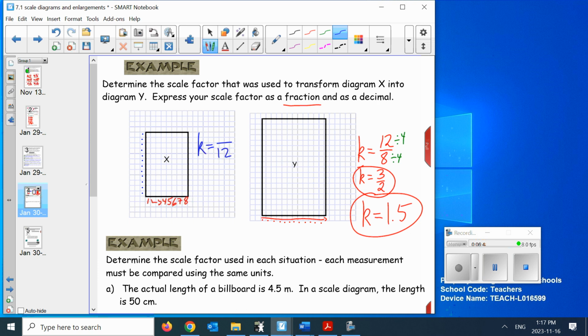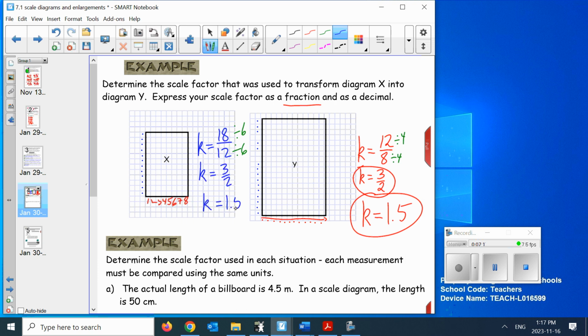And if I took the Y long side, 1, 2, 3, up to 18. And I've divided 12 and 18 by the biggest number I can think of, 6. Divided both by 6. I should get 3 out of 2, which is the exact same answer.